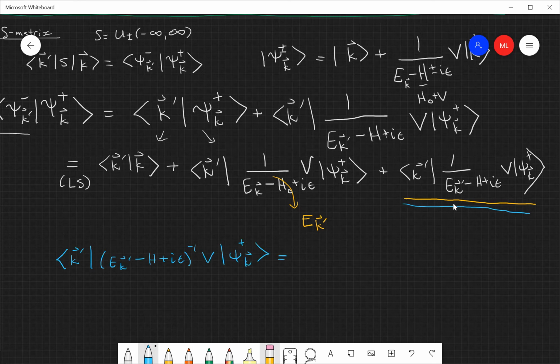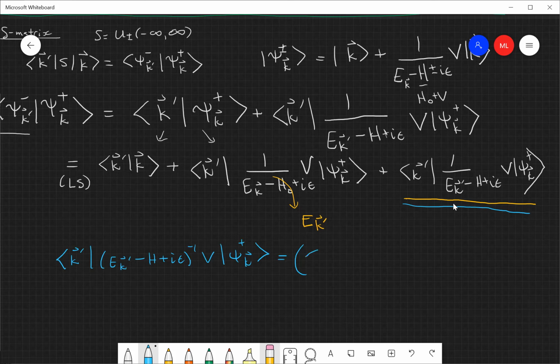We can write this as the complex conjugate of the complex conjugated matrix element. And how do you do a complex conjugation of the matrix element? Well, you would just flip the bra and the ket, and take the complex conjugate of the stuff in here.